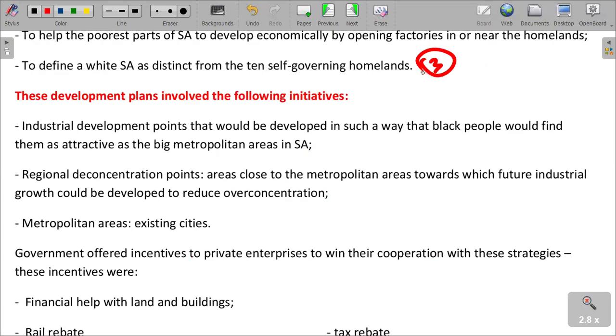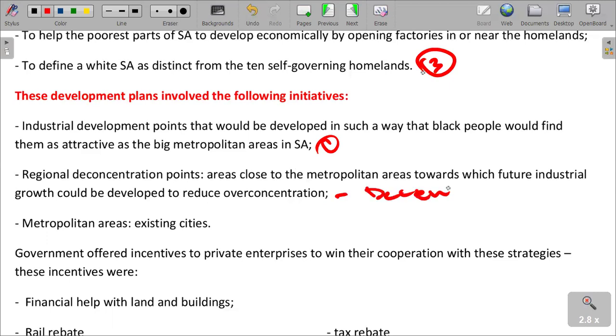These development plans involved the following initiatives. Development points would develop in such a way that black people would find them attractive compared to the big metropolitan areas in South Africa. We have identified regional deconcentration points, areas close to the metropolitan areas towards which future industrial growth could be developed to reduce over-concentration.